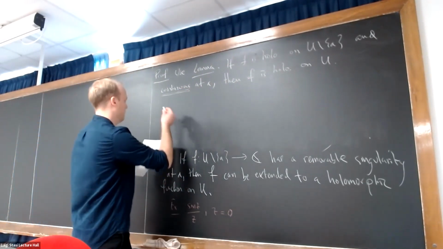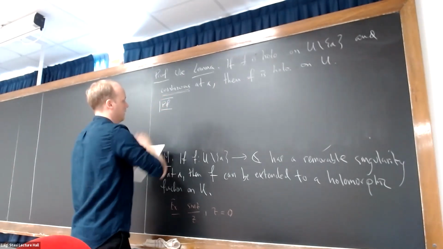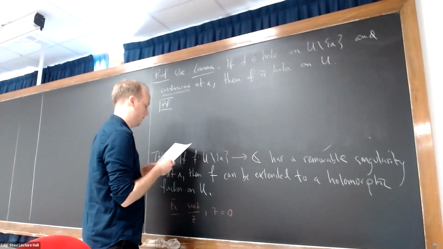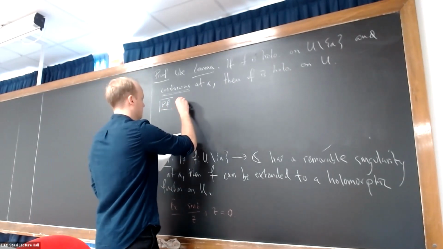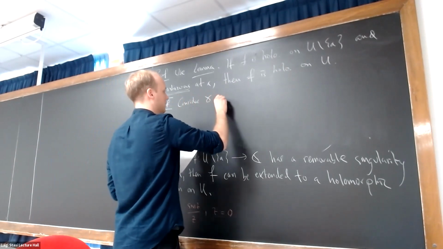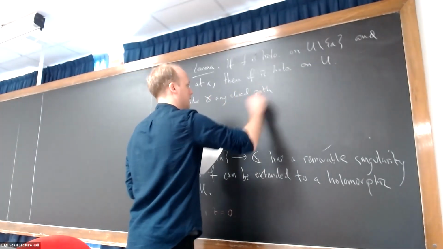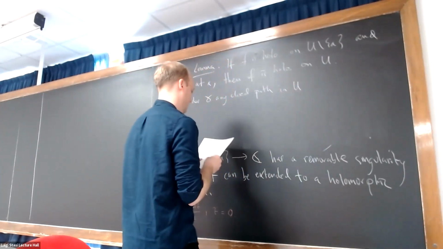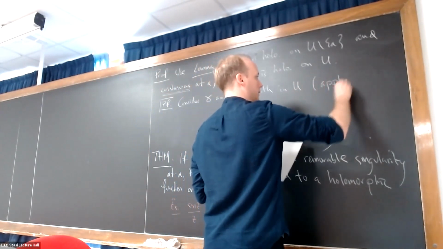Okay, so the proof of the lemma. So now I prove the lemma. It goes as follows. We consider gamma any closed path in U, and then we want to apply which theorem?